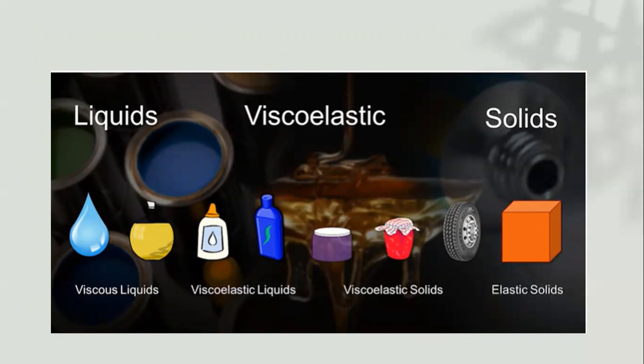Liquid usually flows, but solids basically don't flow. But not everything is like that. Not everything is liquid and not everything is solid. There is something in between as well.